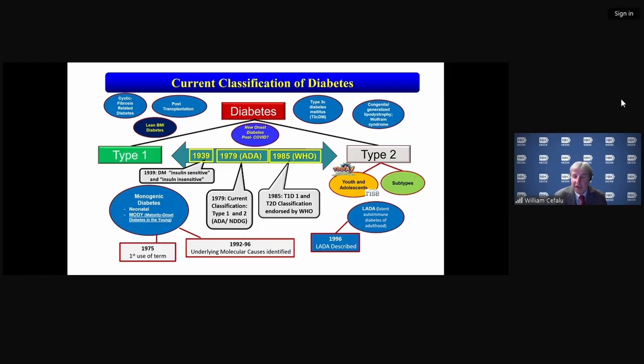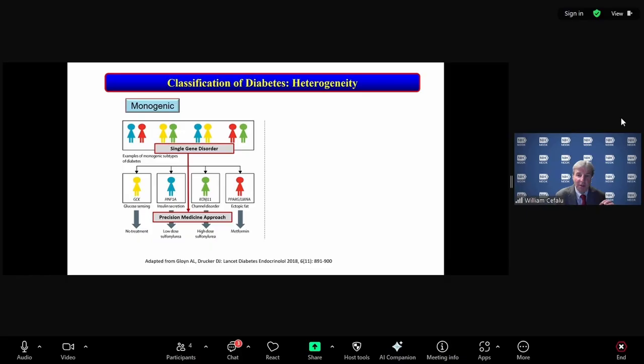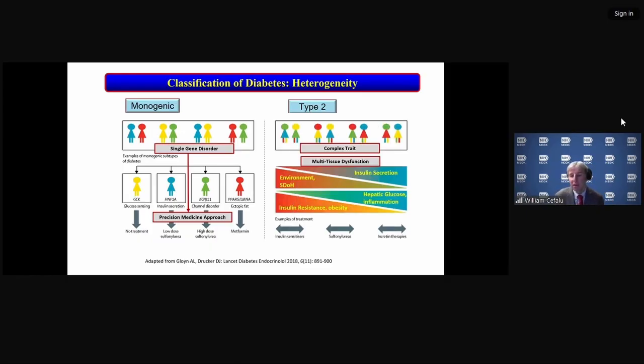Based on this heterogeneity, you could understand there's confusion as far as the most appropriate treatment for the majority of patients. Unlike what we've heard earlier in the previous sessions, monogenic diabetes can be a single gene disorder, and based on that, we can get a precise medical approach. But for type 2, we know it's a complex trait: multi-tissue dysfunction, with contributions from pancreatic dysfunction, hepatic glucose, inflammation, the environment, insulin resistance, and obesity.